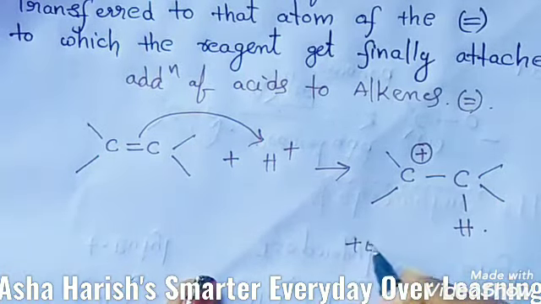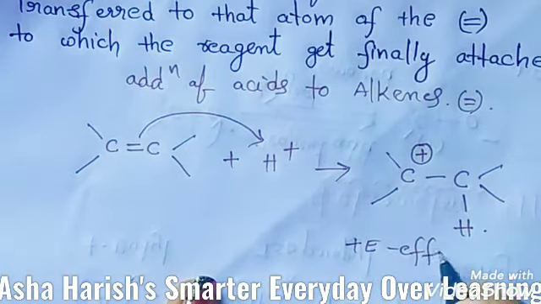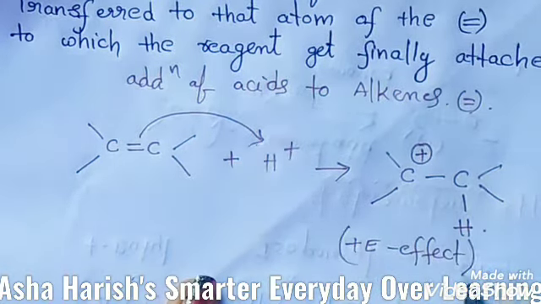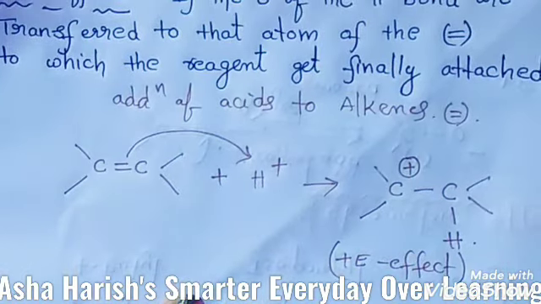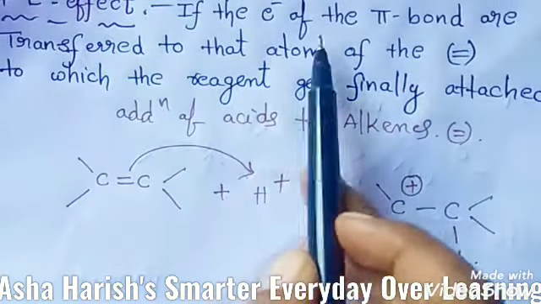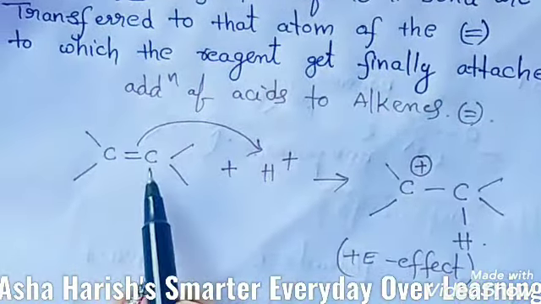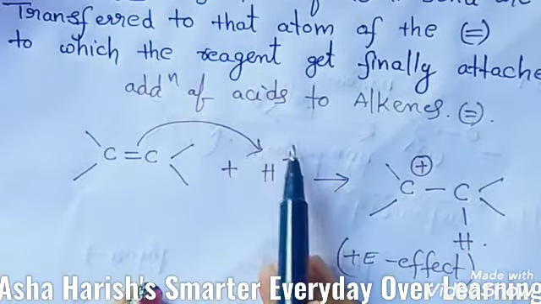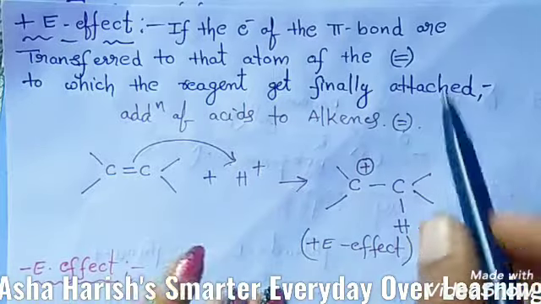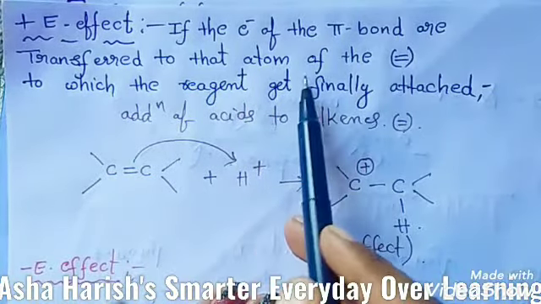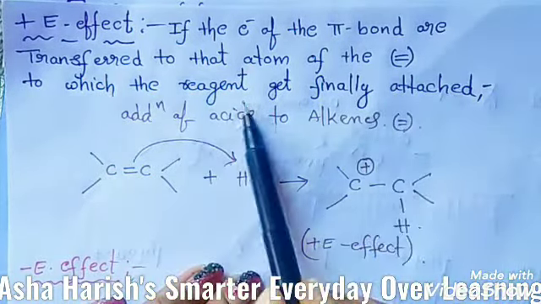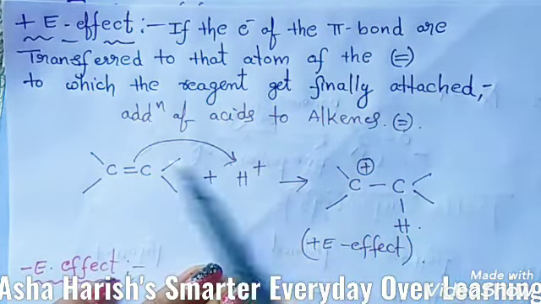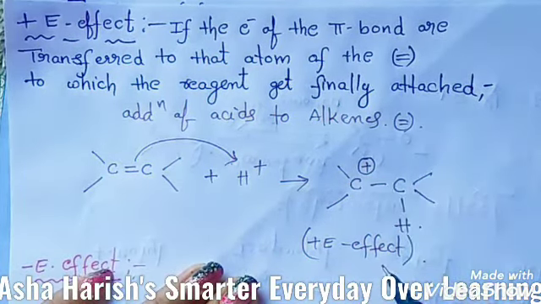So this is known as plus E effect. According to this definition, here we can see one sigma bond and one pi bond, the electrons of the pi bond are transferred to that atom of the double bond to which the reagent gets finally attached. So this is the example of plus E effect.